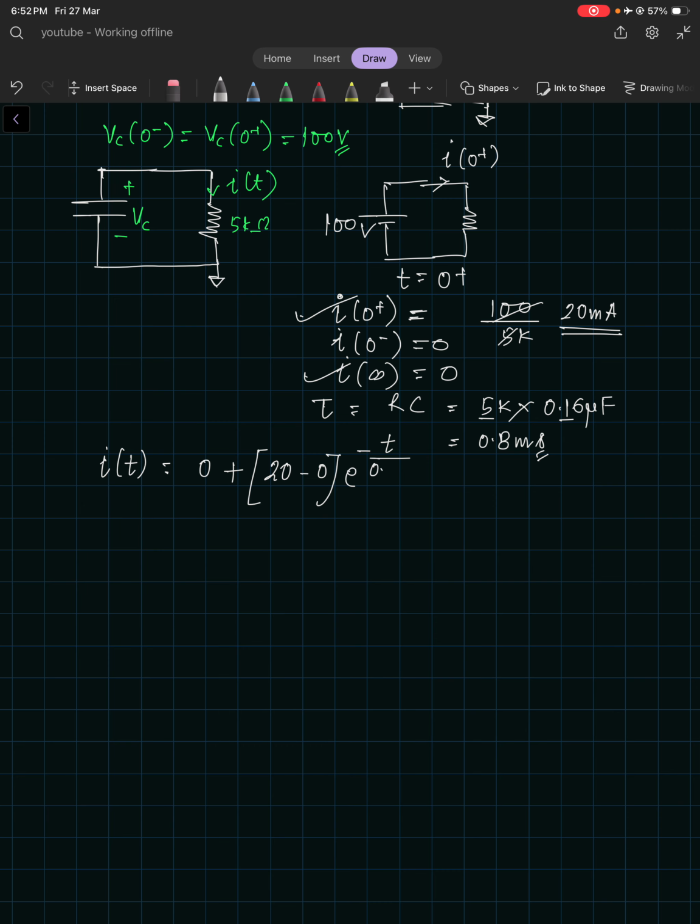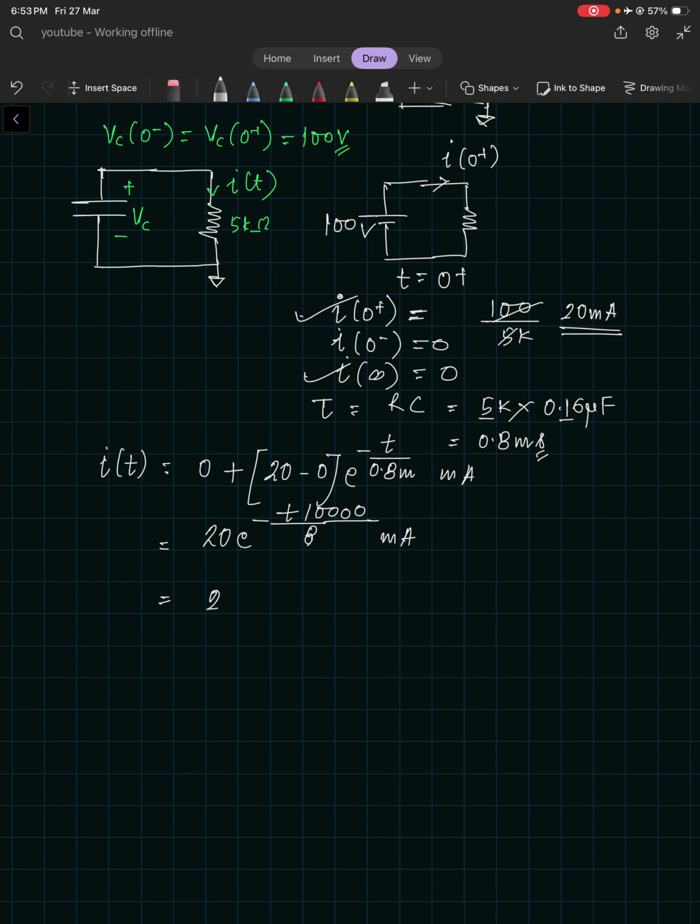Tau is 0.8 milliseconds, so the current would be 20 e to the power minus t by tau, in milliampere. 1 upon 0.8 milli gives 1250 times 10, so 12,500 t.